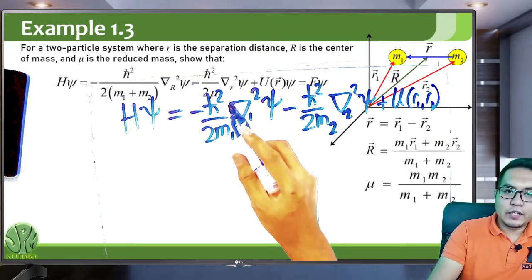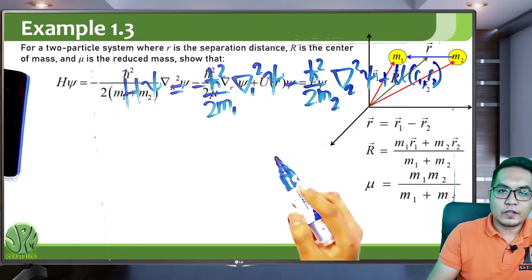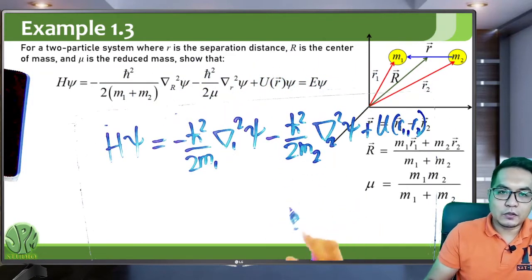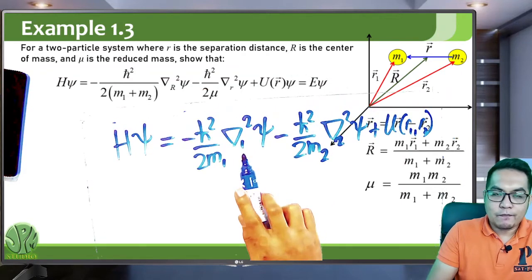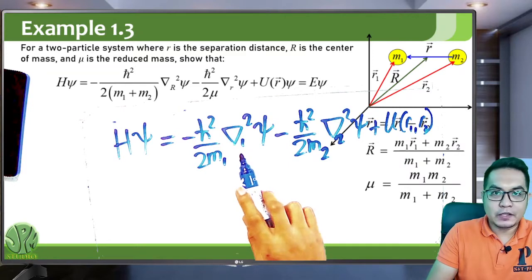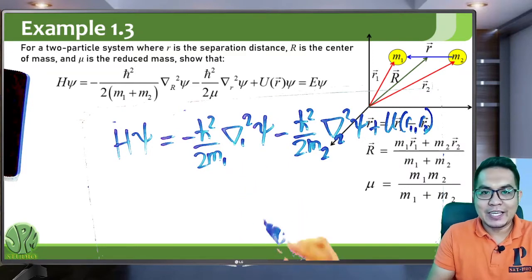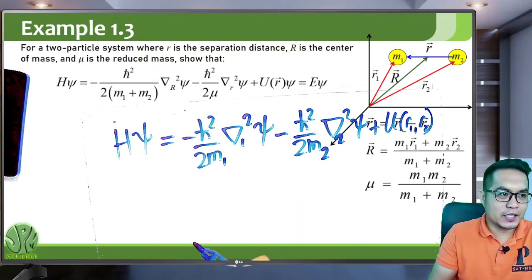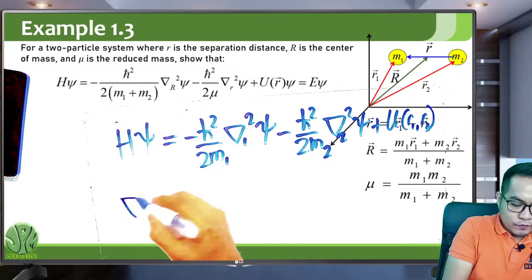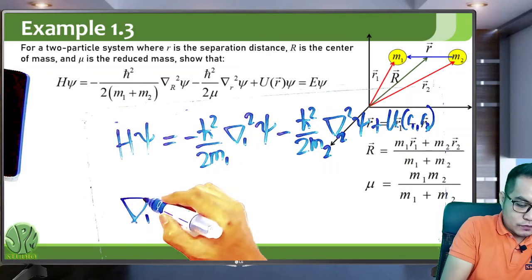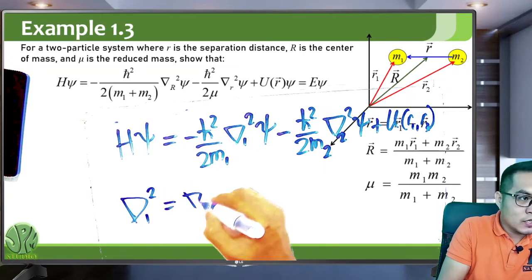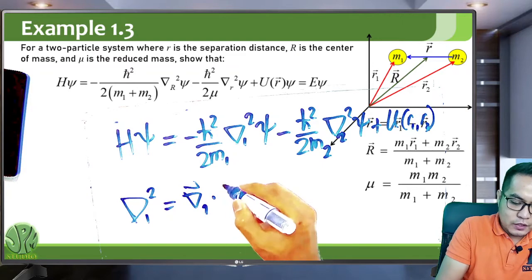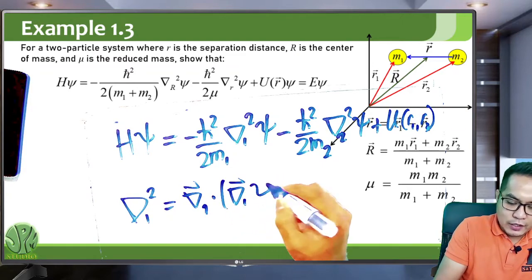So all we need to get is this one, del 1 squared and del 2 squared. So we already know its definition or its form in terms of the separation distance and the center of mass. So in the previous example, del 1 squared is actually just del 1 dot del 1 acting on psi.